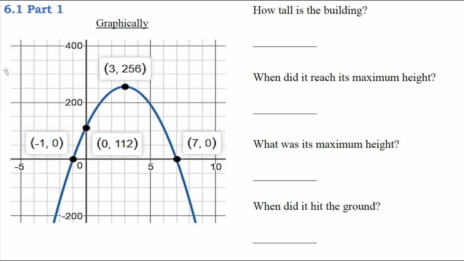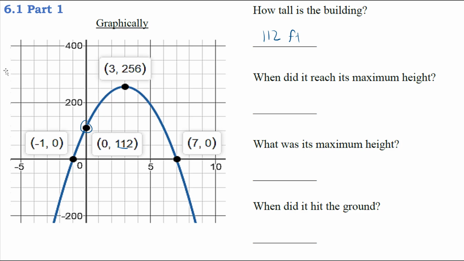Alright, so now let's look at this. How tall is the building? Well, we did that off the first calculation. We saw that initially where we started, how tall, is 112. It's 112 feet. When did it reach its maximum height?